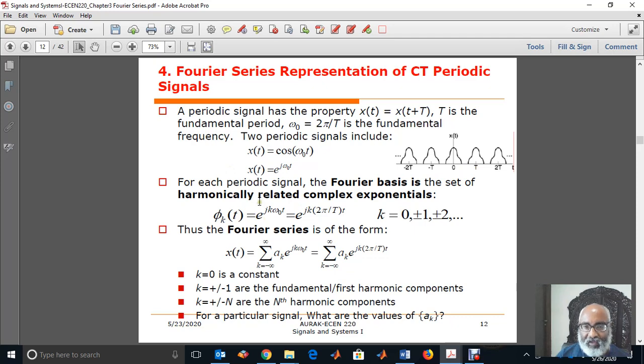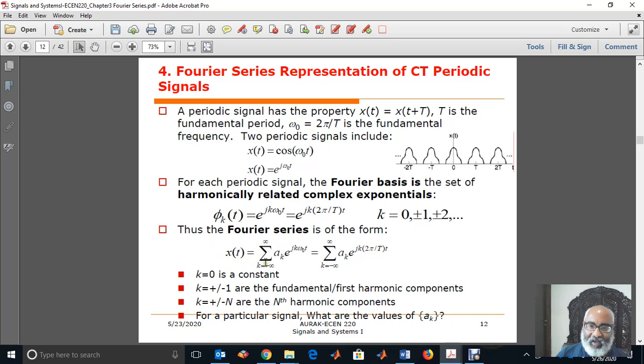Now, for periodic signals, the Fourier basis functions or the eigenfunctions are harmonically related complex exponential signals given by phi k of t equals e to the power of jk omega naught t, where omega naught is 2 pi over T, and k is 0, plus or minus 1, plus or minus 2, etc. So the Fourier series analysis for a periodic signal is x of t equals the summation from k equals minus infinity to infinity of ak times e raised to jk omega naught t, which means I can decompose the signal x of t into its frequency components.